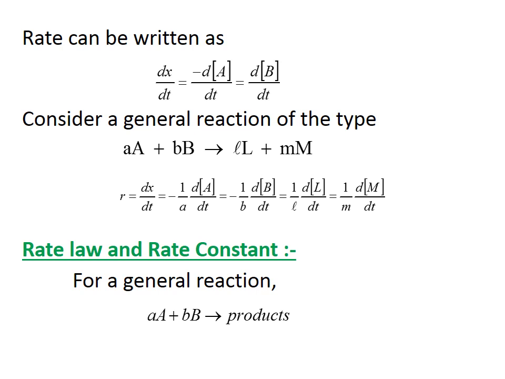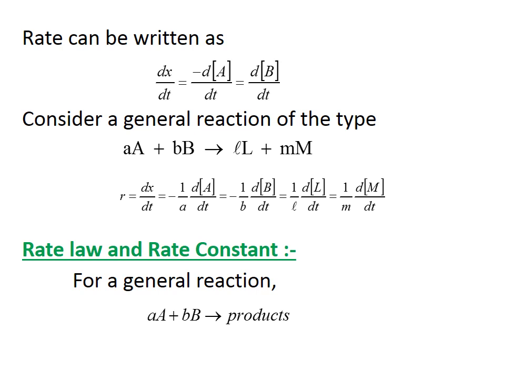Now we consider a general reaction of the type aA plus bB gives lL plus mM. Here small a, small b are the number of moles of reactants, and small l and small m are the number of moles of the products. Now we are going to write the rate equation for this reaction.